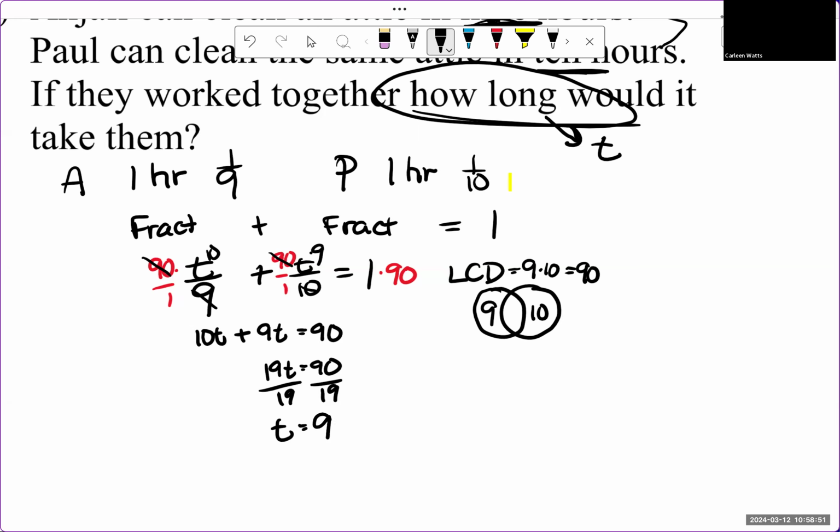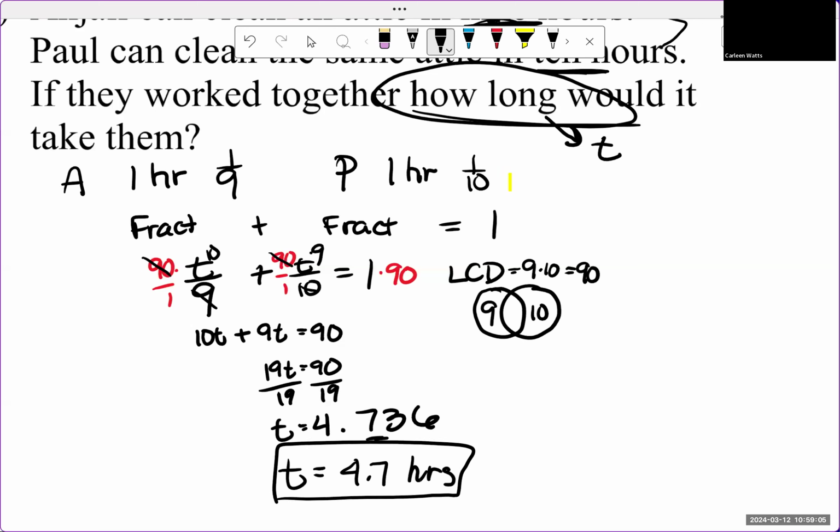So T equals 4.736, and we're going to round to the tenths. 4.7 hours. Not as bad as you originally thought. Yeah, that one's easier.